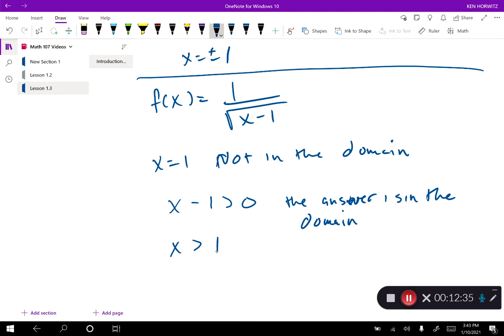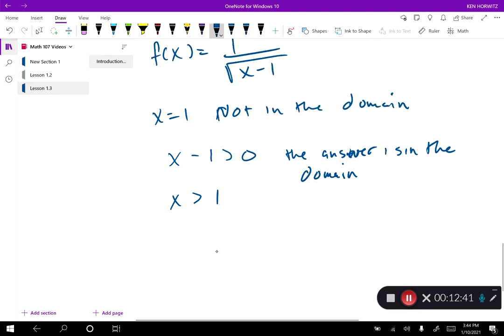So how are we going to write our final answer? We write our final answer by saying 1 to infinity. Why can't we give any numbers that are less than 1? If I plug in a half or I plug in negative 2, those will all give negative numbers under that radical symbol.